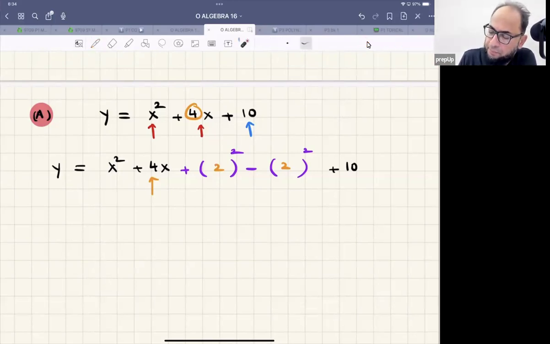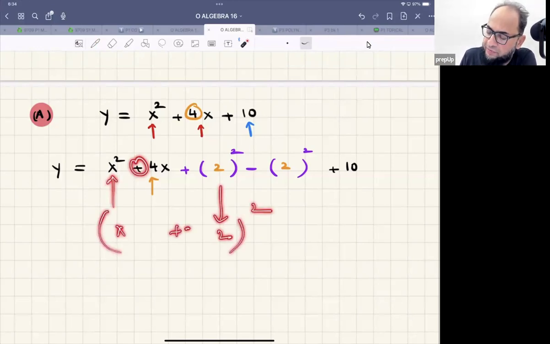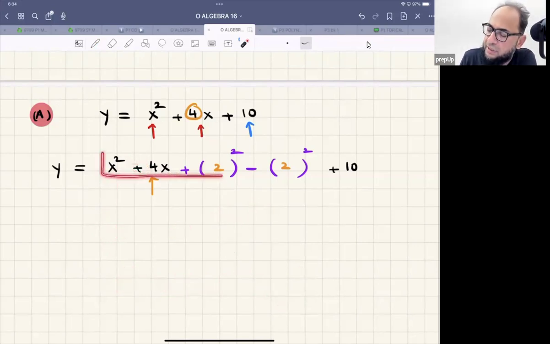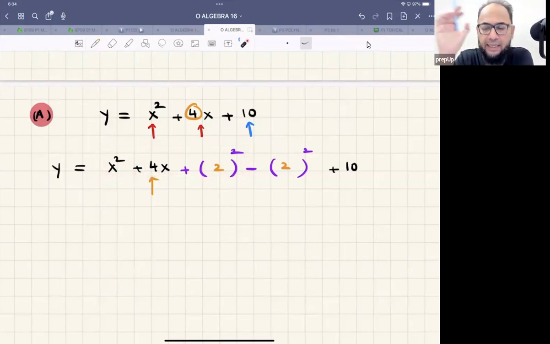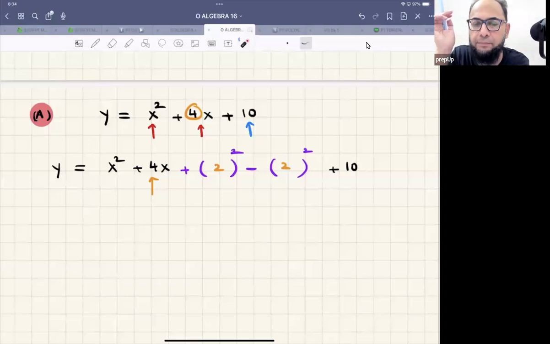Think about it. I'll take the x from here. I'll take the 2 from here. I'll take the plus from here. This is x plus 2 whole square, which is x square plus 2x plus 2x plus 4, which is x square plus 4x plus 4. So this is grabbed, consolidated inside a bracket. So that is what is happening over here.